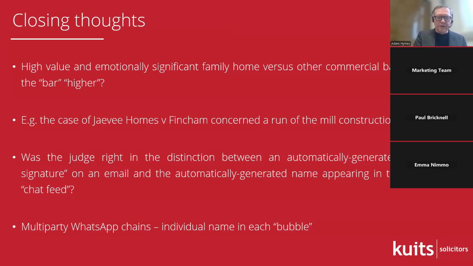And the judge said, and I'll quote him, that inclusion of the name is not part of the actual message itself, but merely provides a mechanism to allow the sender of the email or WhatsApp message to be identified.